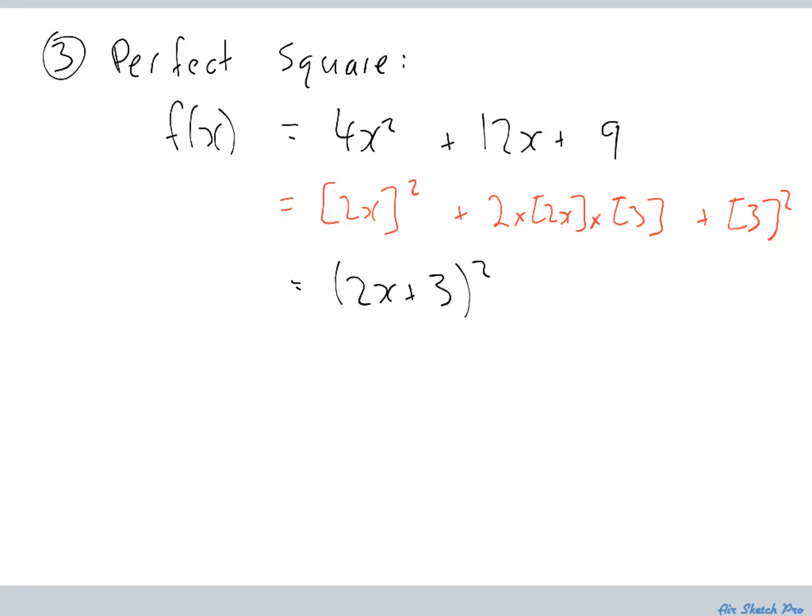Remember, 2x plus 3 all squared is not 4x squared plus 9. There is a middle term. So that's what I'm talking about, yeah? That's what perfect square stuff is all about. That middle term could be negative, in which case that would become 2x minus 3 if we were negative.